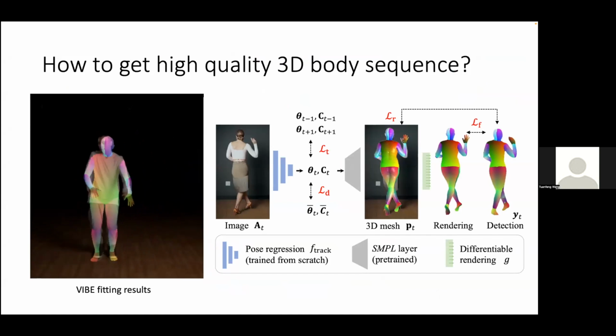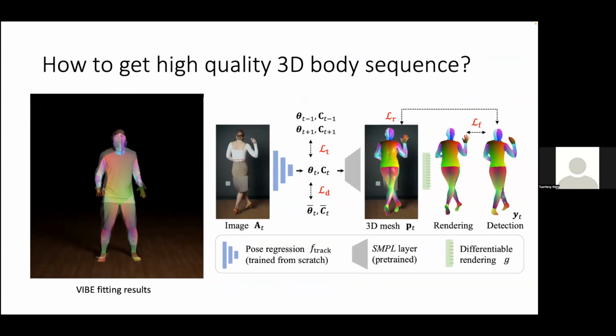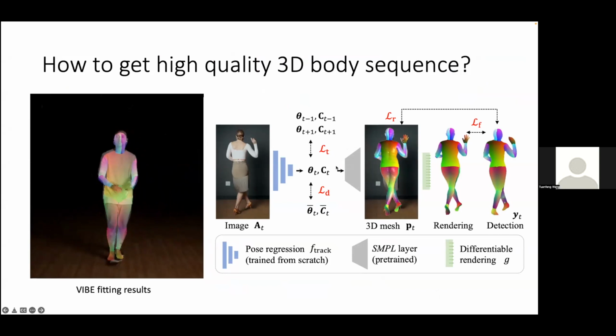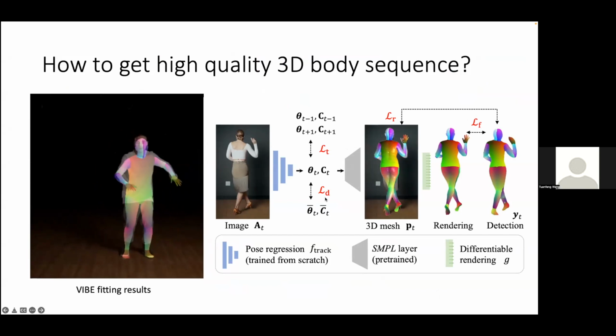What we do here is train a network to predict the camera parameters and also the pose parameters. We ask the parameters not to change dramatically during the sequence, and also to stay close to the prediction from the state-of-the-art method.